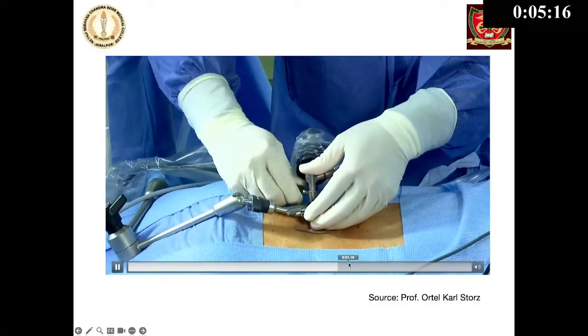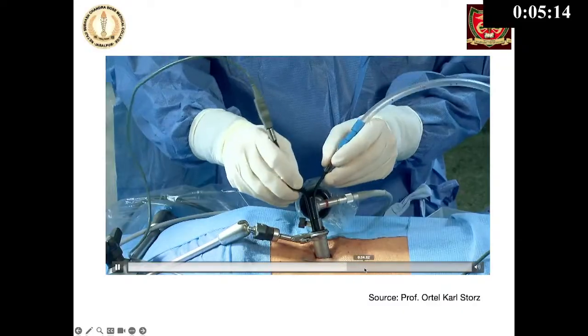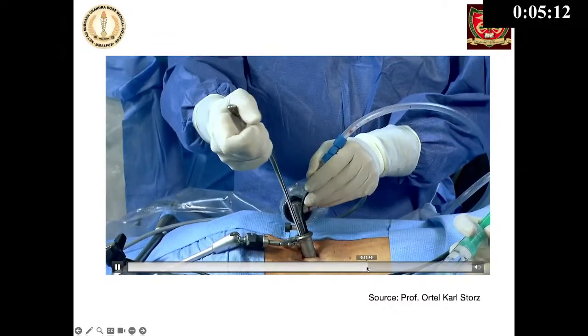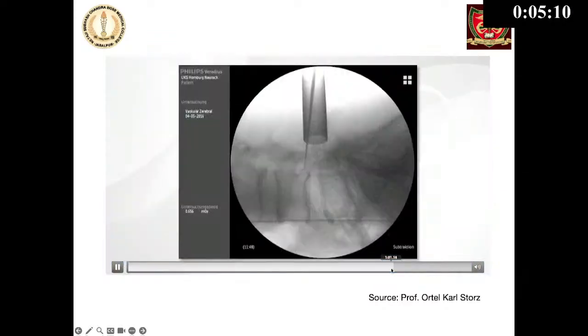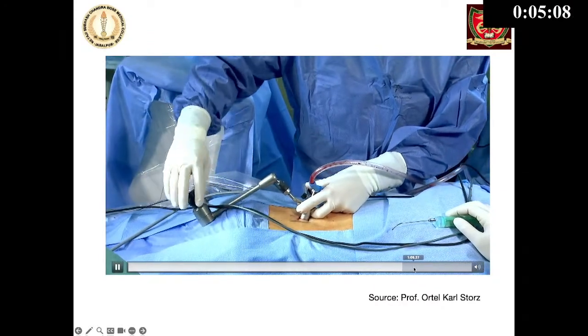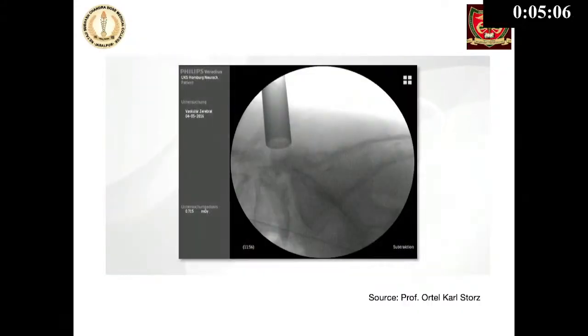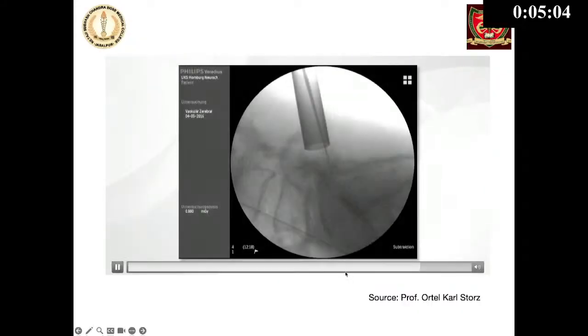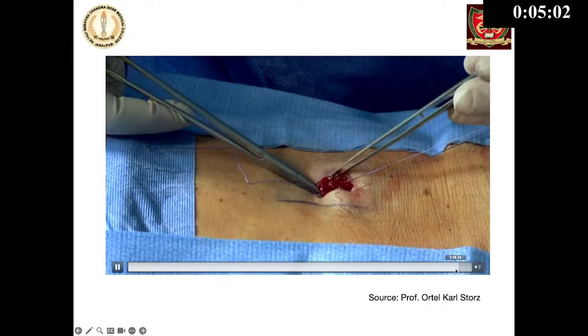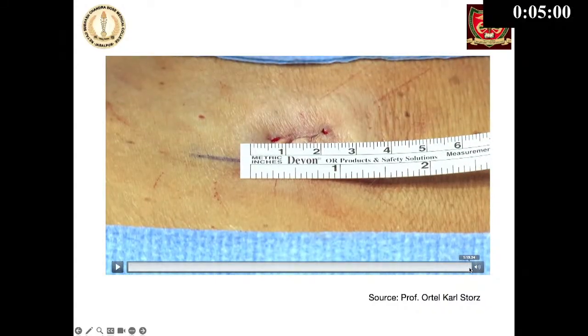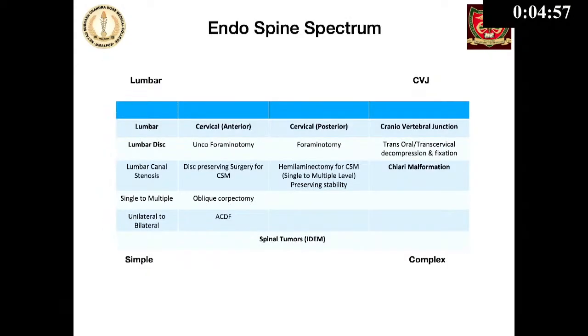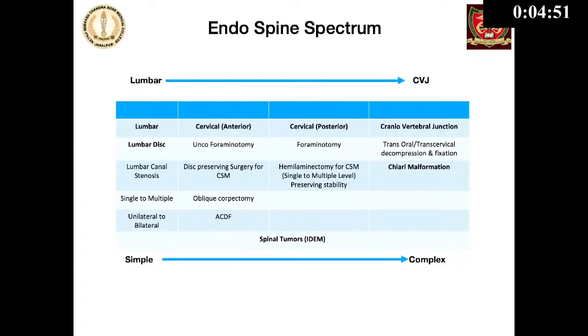Then the appropriate size of trocar is inserted and attached to the holder, and this is the scope. The surgery was done with the two-handed technique. And then you can turn towards the caudal side if you want to do two-level surgery.